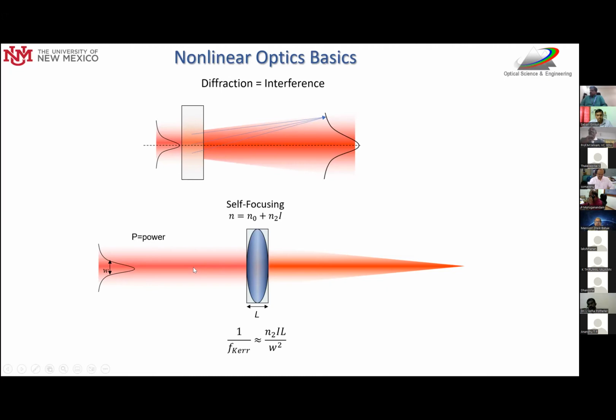One manifestation is what we call self-focusing: the nonlinearity induces a lens in the system, and you can observe at some distance whether the beam narrows. If the nonlinearity is negative, you would have self-defocusing.